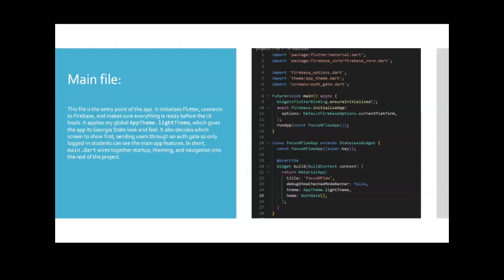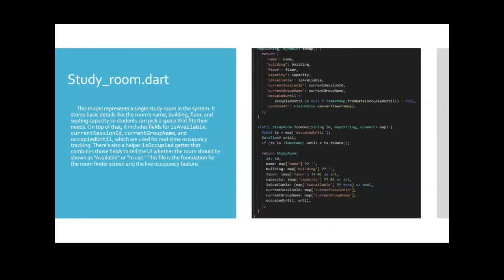It connects our app to Firebase, and we use the Firebase options that Firebase gives us, and that is our main connection point between the database and our code. We also create the global for our theme, and we send what screen the user actually clicks on. This will send the import to that specific screen. And it's really just the navigation hub, I guess you could say. That is what our main is.